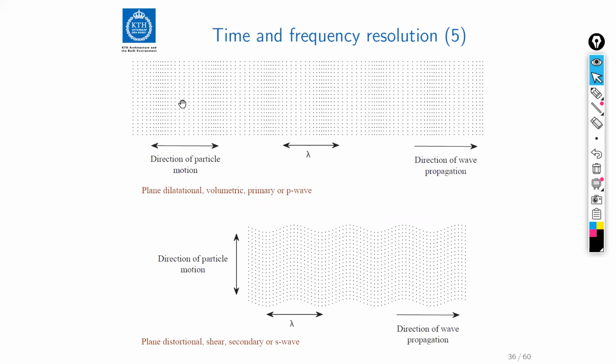And this is how the wave propagates. The particle motion is in the direction of the propagation of the wave. For the shear wave, which is the other type of wave that occurs inside elastic solids, the direction of the particle motion is transverse to the direction of the wave propagation.